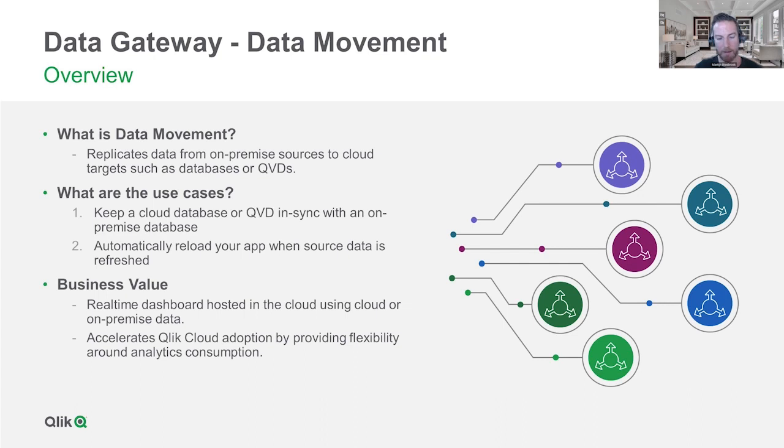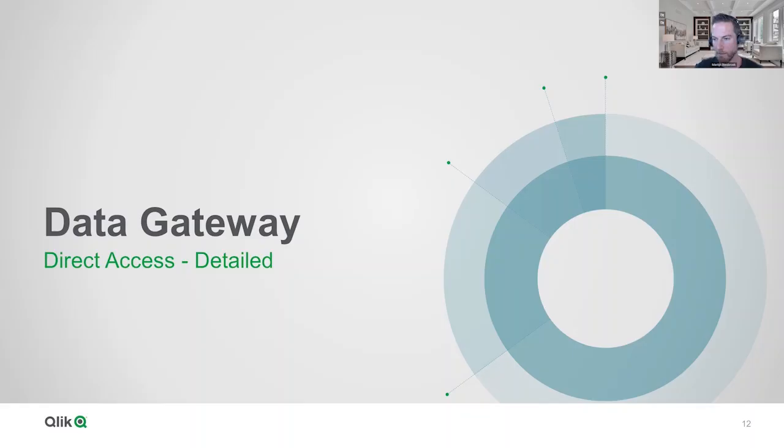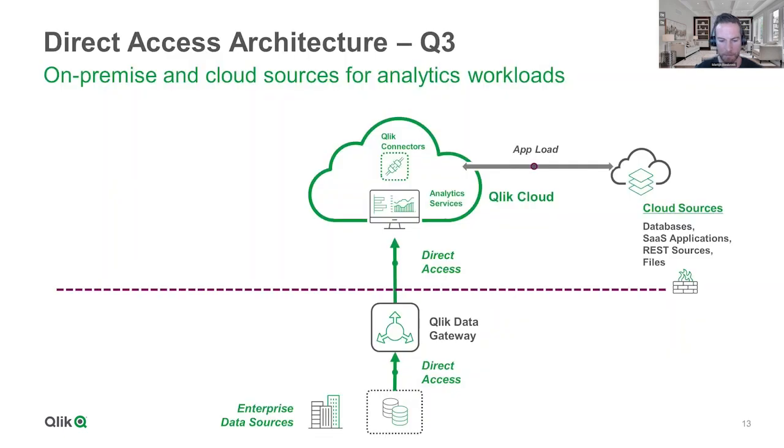So let's have a look at the Data Gateway Direct Access in a more detailed way. Here we have an architecture diagram in which at the bottom you will find your enterprise data sources. You will also see that we installed the Qlik Data Gateway behind your firewall.